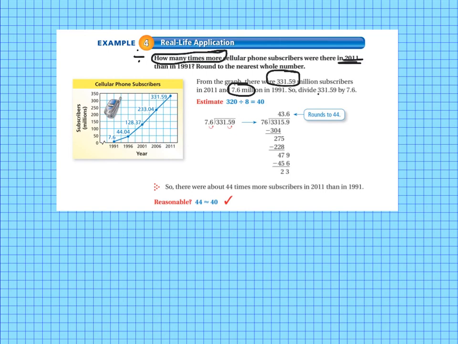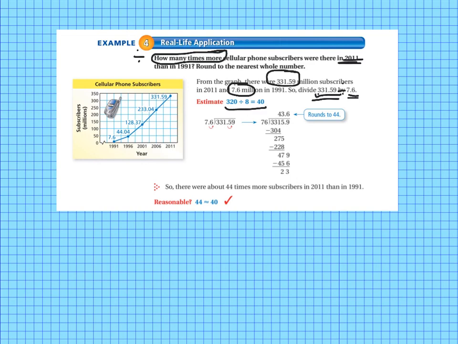So not because it's big, but because it comes first. It asked you how many times more were in 2011 than in 1991. So you take the 2011 number, which is 331.59, and you divide that by 7.6. And remember, these are in millions, but you don't have to put on the millions.